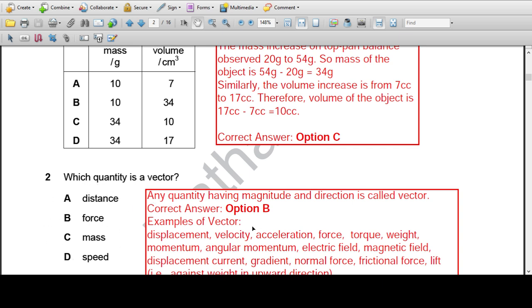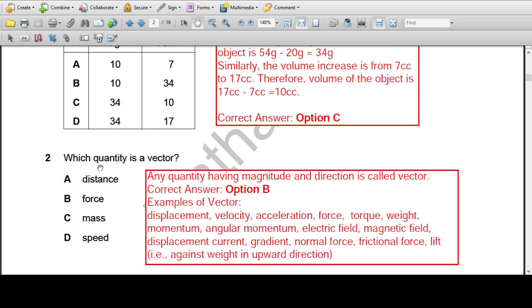So we have enlisted all the vector quantities, so that we can solve the other questions in the next appearing exams. So for the future we have included all the quantities that are vectors.